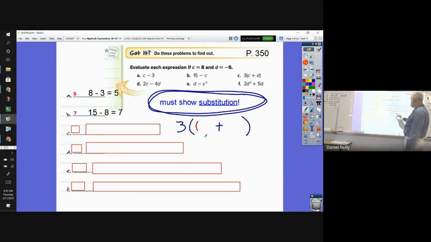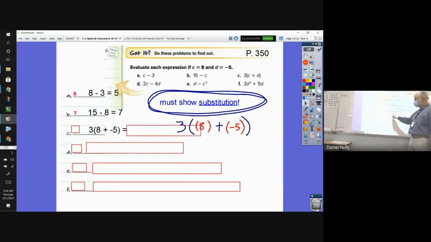C is 8 and D is -5. That's the substitution step. Now you don't have to put these parentheses here. If there was multiplication, you do have to put them there. We'll get to that one in the next example. So it should look like this: 3 times 8 plus -5. Never mind.